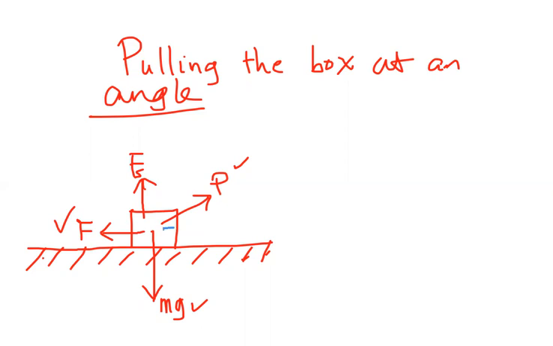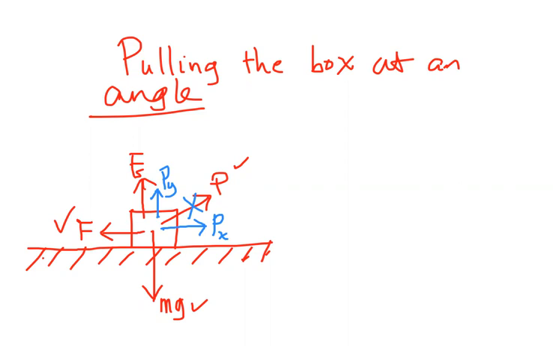This is the component of P in the X direction. So this will be Px, and I can break down P upward like that. That will be P sub Y. I have broken down P into the horizontal component and the vertical component.